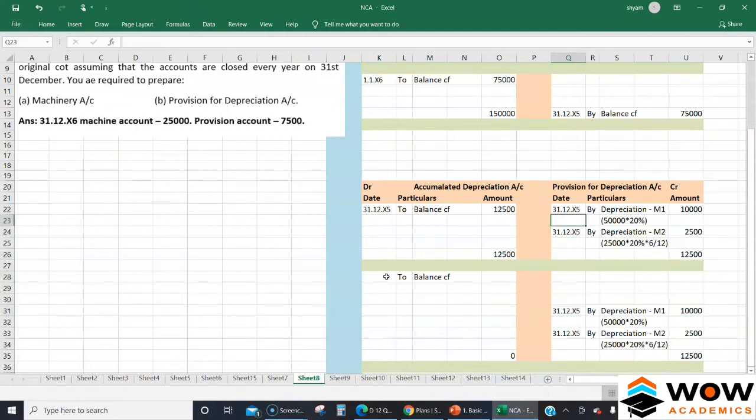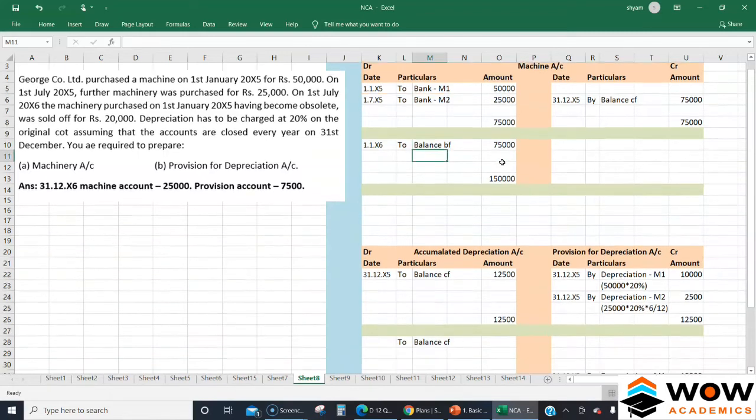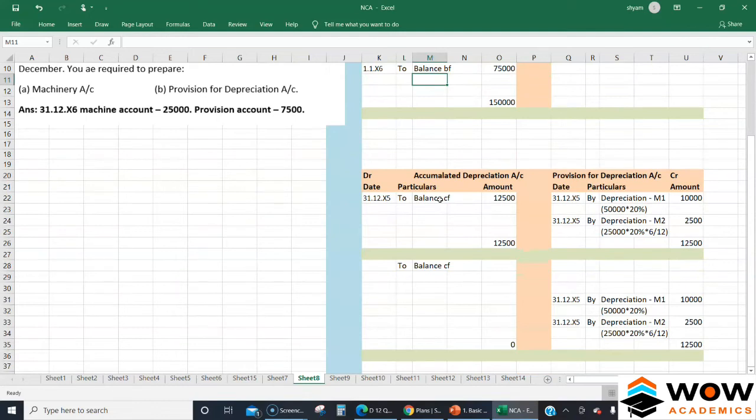So as we have two balance CF here, we have to bring it down. Machine side we have brought down. On the provision side we have to bring it down.